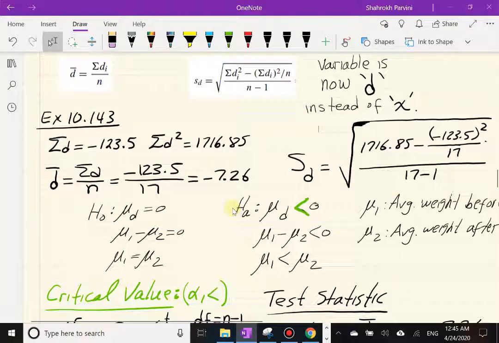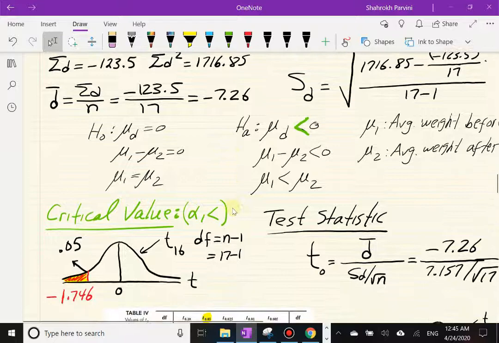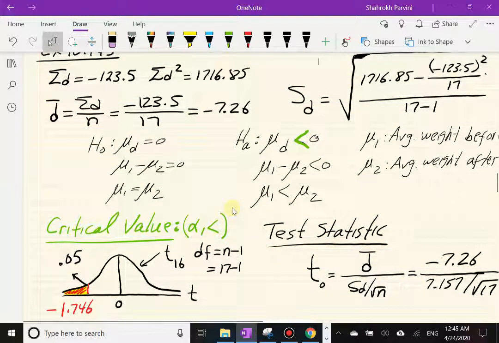Okay, I need the critical values. Remember, we get that from the significance level, the size of our test, which the author gave us as 5%, and the alternative here is less than. The degrees of freedom for this paired t-test, because we reduce down to one sample, is the number of pairs minus 1, n minus 1.